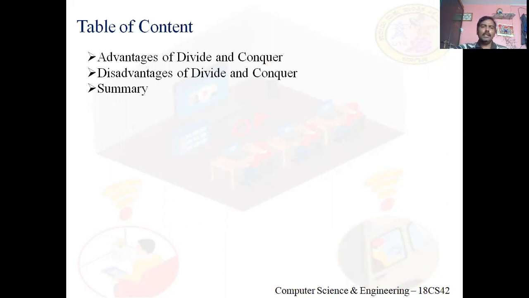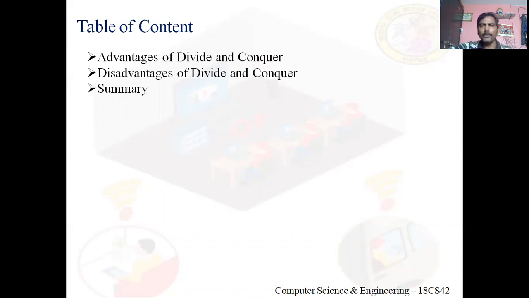So at the end, I will summarize all problem types we have discussed using the divide and conquer strategy. Not in detail. Let me take the very important problems, among the 5 to 6 problems we have discussed. And in those problems, let's review the efficiency: best, worst, and average case.